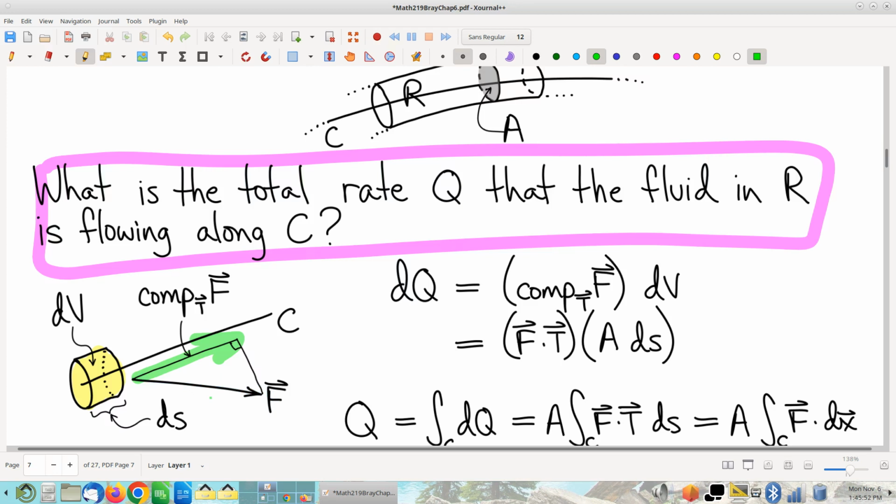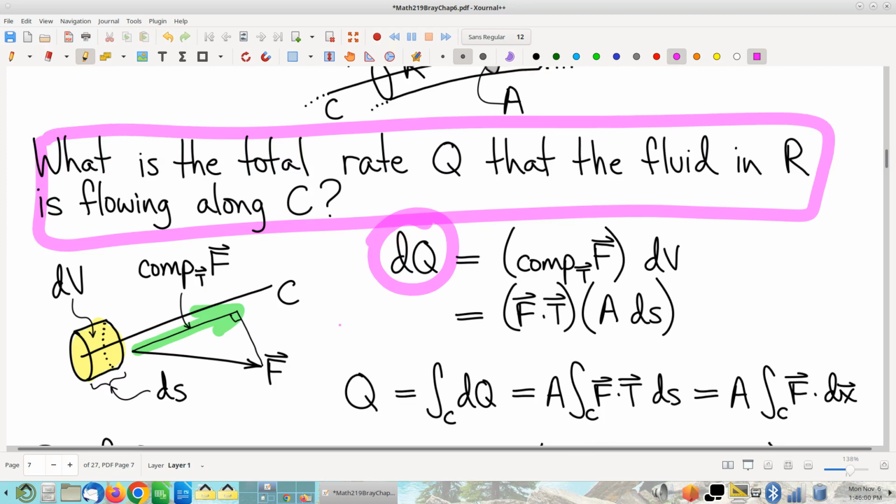So for the extent to which we have an answer to this question, at least as pertains to that little bitty piece of fluid, it's a simple matter of the component, which is just a dot product with the unit vector, times how much fluid we're talking about, which is volume, which is area times thickness.